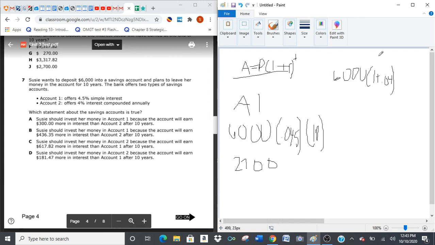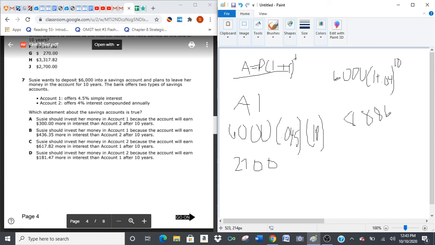And the T is up top, so remember, you're going to have to hit the caret button. So you should be entering 6,000, parenthesis 1 plus 0.04 close parenthesis, caret button, 10, enter. And you should be getting like 8881.